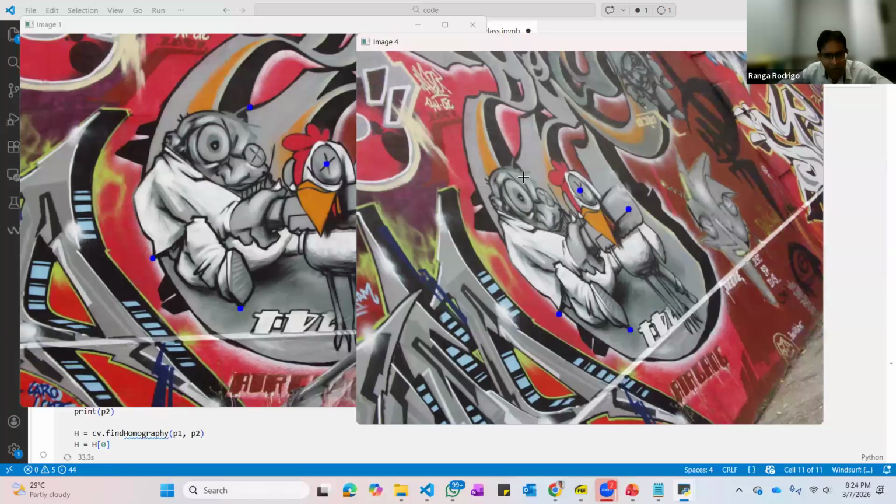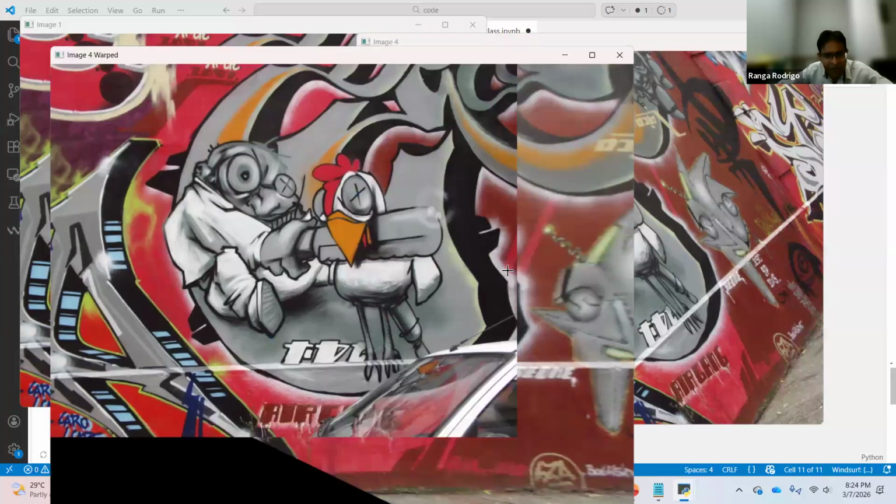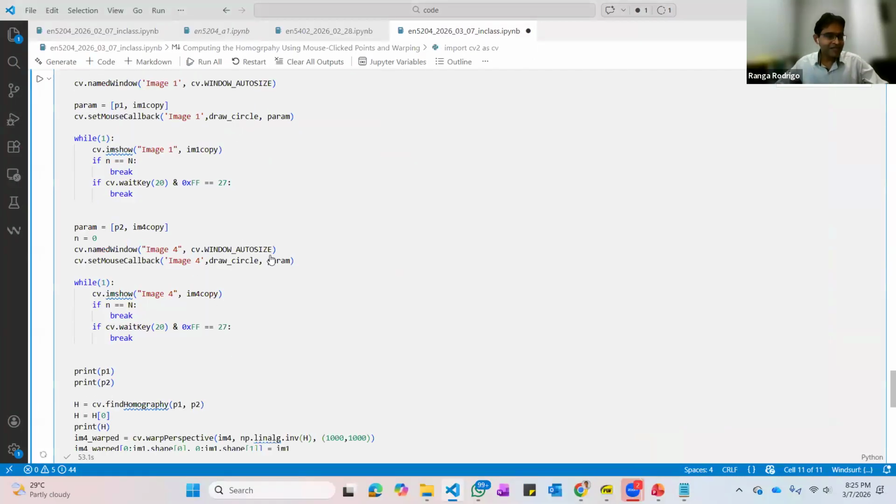4, 5. Then you can see they get stitched, but you can see it was not as accurate as the already available homography. The reason is when we click, we make mistakes and they are not as accurate as the original homography. That's why these kind of little mistakes are there, but generally it's okay. Stitching has happened. So this is the mouse clicking part.